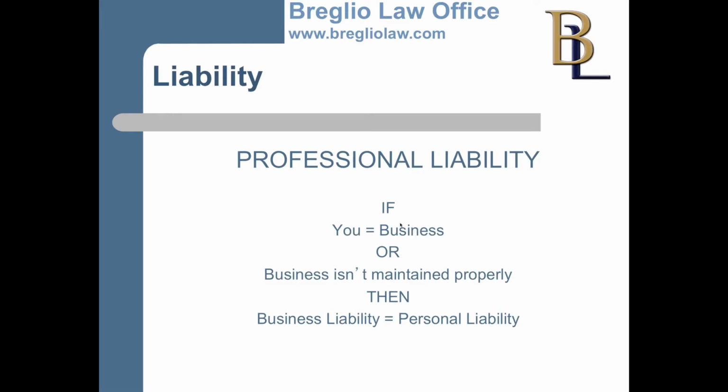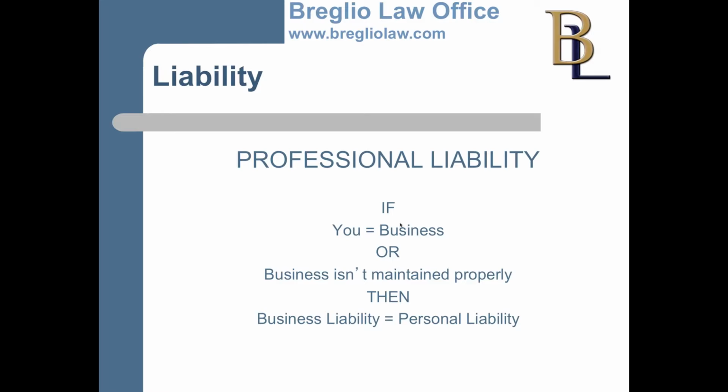Now, the problem that most small business owners, real estate investors, etc., run into is that this professional liability can very quickly become personal liability. So it can kind of jump the fences here. If you are your business, and what do I mean by if you are your business? What that means is you do not set up a business entity and you do everything in your personal name.